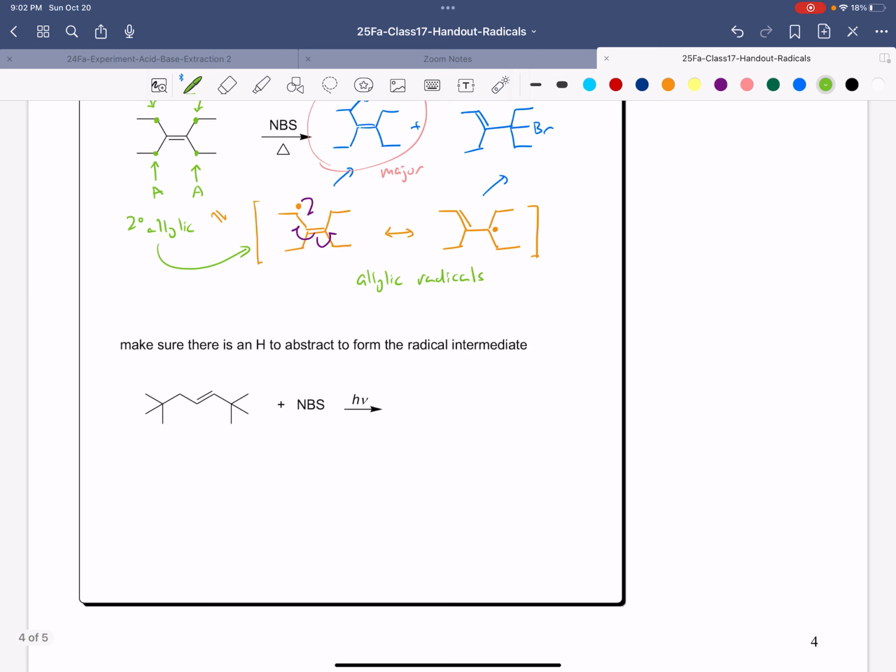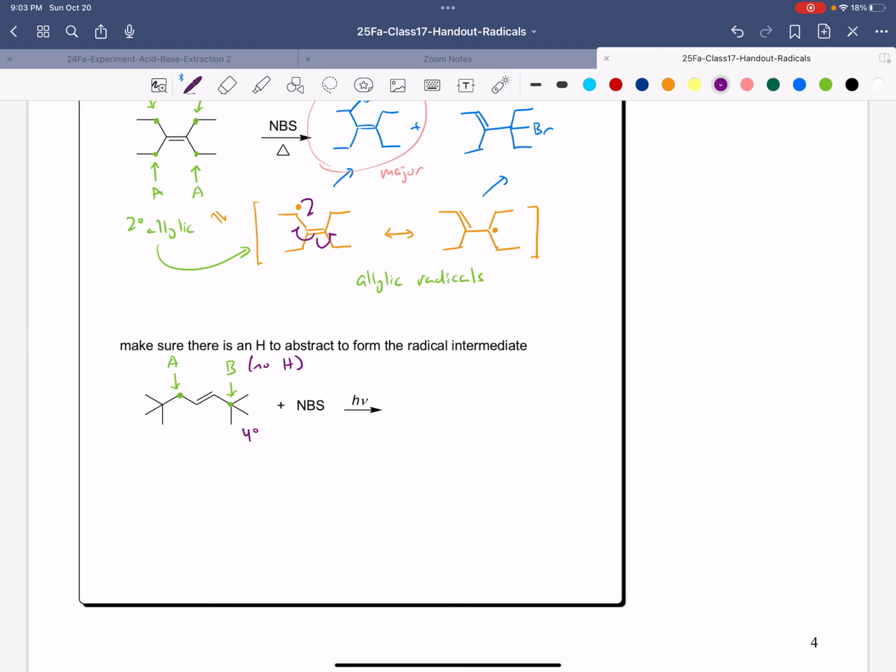Over here, the last problem on this page, we have two allylic carbons, and yes, they're different now, A and B. But we notice for B, there's no hydrogen. So we cannot put a radical on that quaternary carbon.